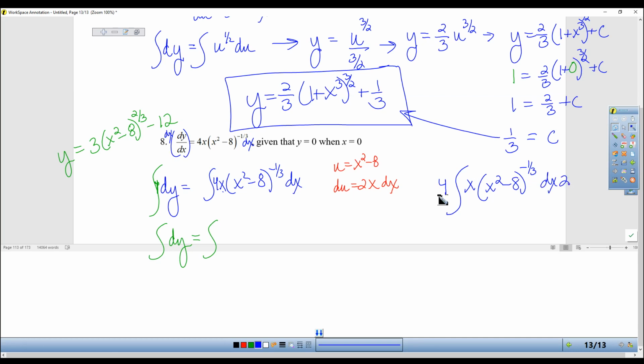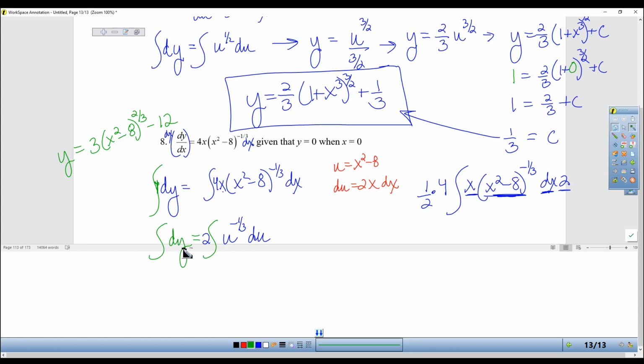Put a 2 in and put a 1/2 in. Most people get that. So the 4 is like a constant. You just leave it on the outside, and then you add your 2 and you add your 1/2 like you always do. That would give me a 2 on the outside. The x, the dx, and the 2 give me my du. And this is my u to the negative 1/3. It'll give you the same next step no matter which way you do it.